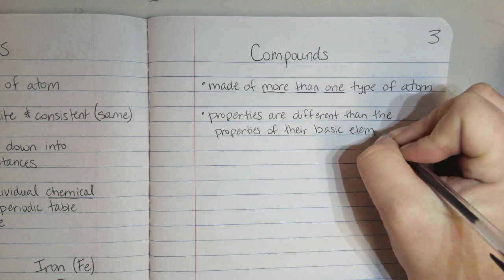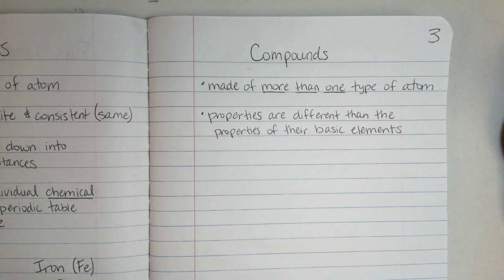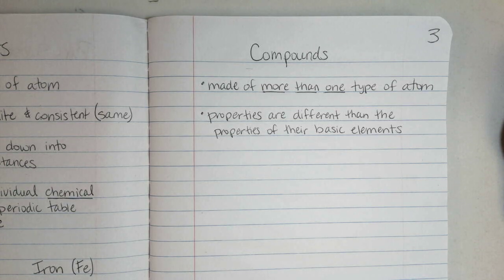Meaning whatever elements make up the compound, the properties are not necessarily going to be the same. Now when we say property, we're talking about a characteristic. Some properties include state of matter, mass, volume, density, flammability. We'll spend more time talking about properties in stop number 2, but for now just know that we're talking about different characteristics of those substances.